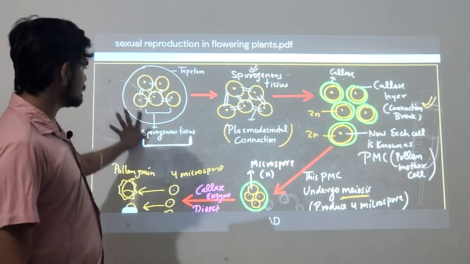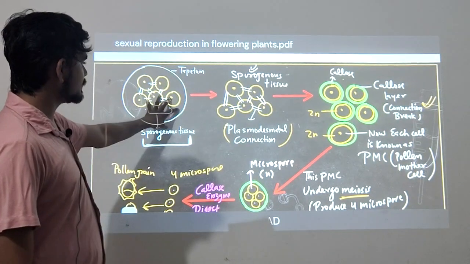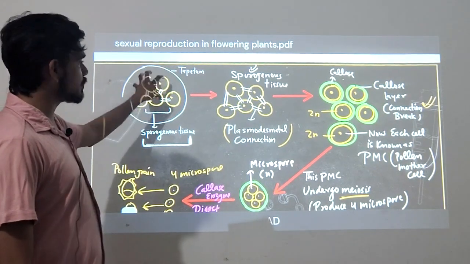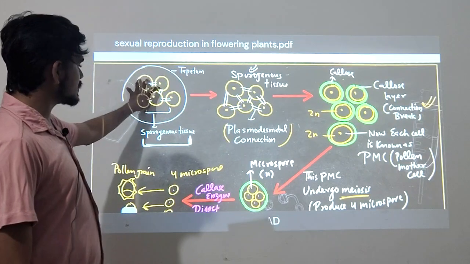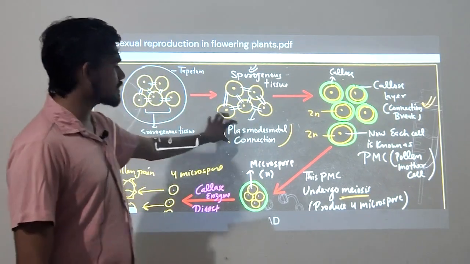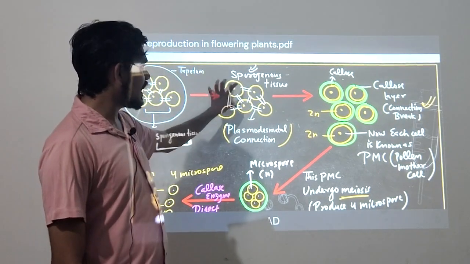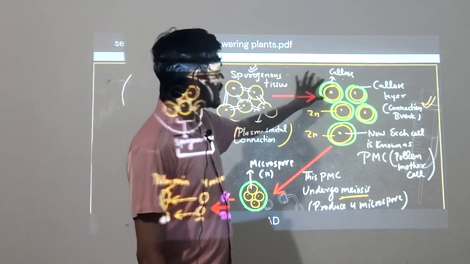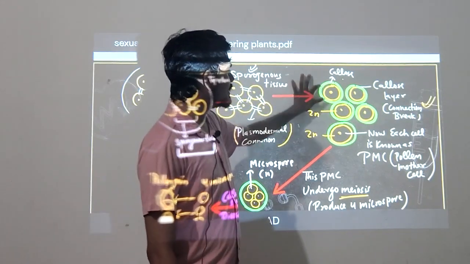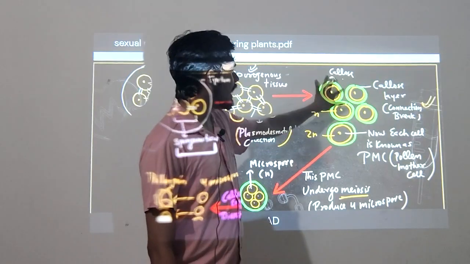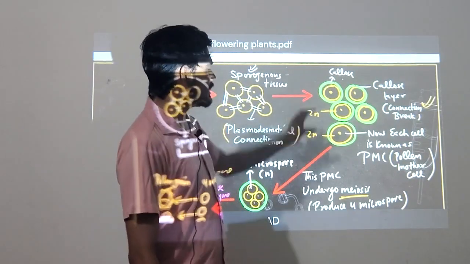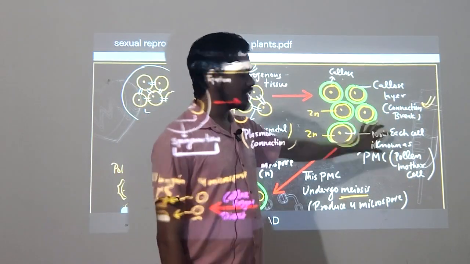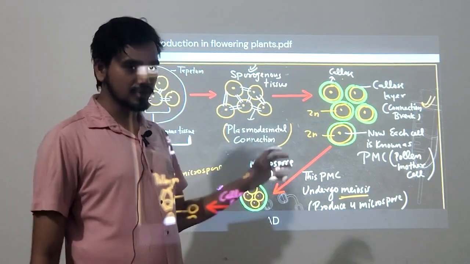So this one is the tapetum, and it is connected with the sporogenous tissue through plasmodesmatal connections. Even in the sporogenous tissue there is a lining of callose, and we need to break that callose layer.